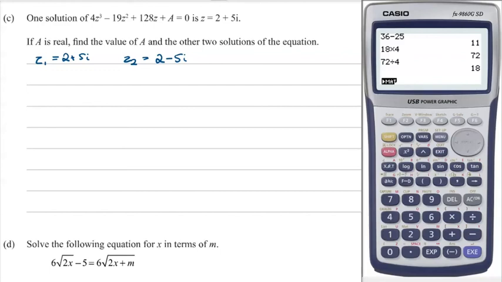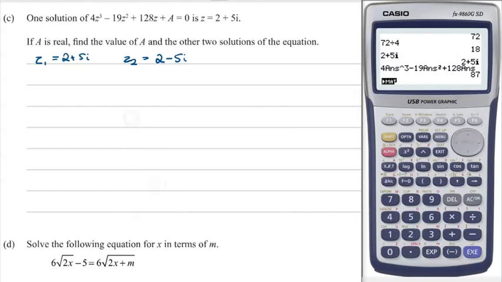I think since we have the calculator there, I'll go for working out a first. So if we put 2 plus 5i into our calculator, and I'm going to do 4 times that cubed minus 19 times it squared plus 128 of it, that is going to be equal to 87.